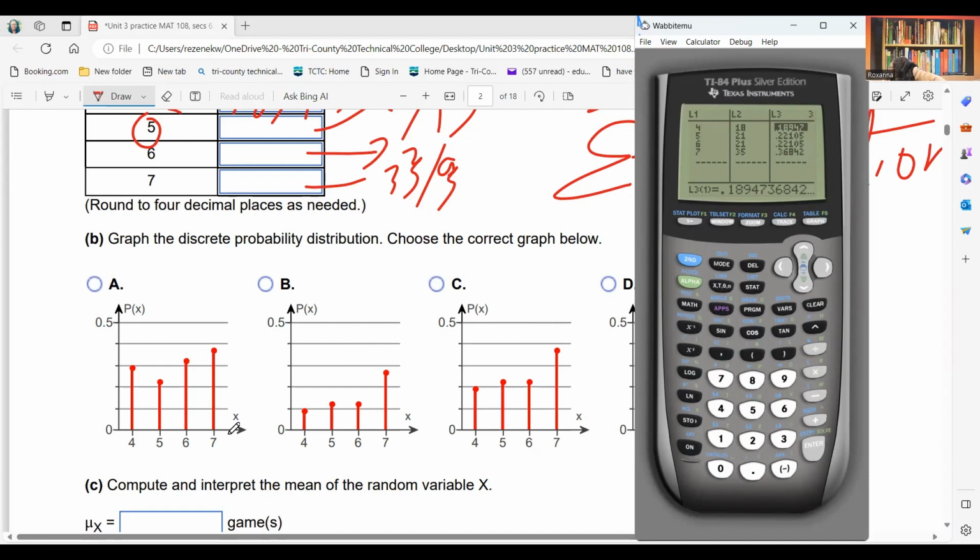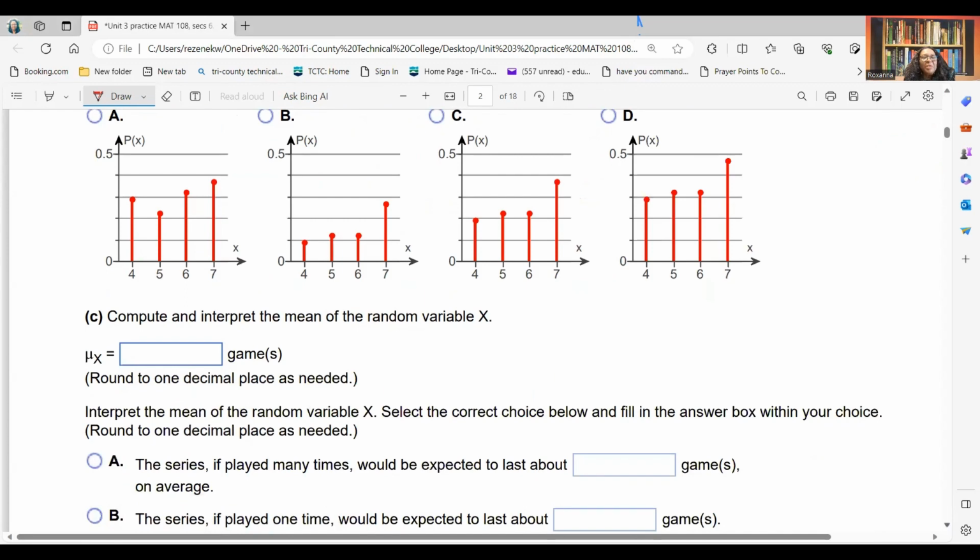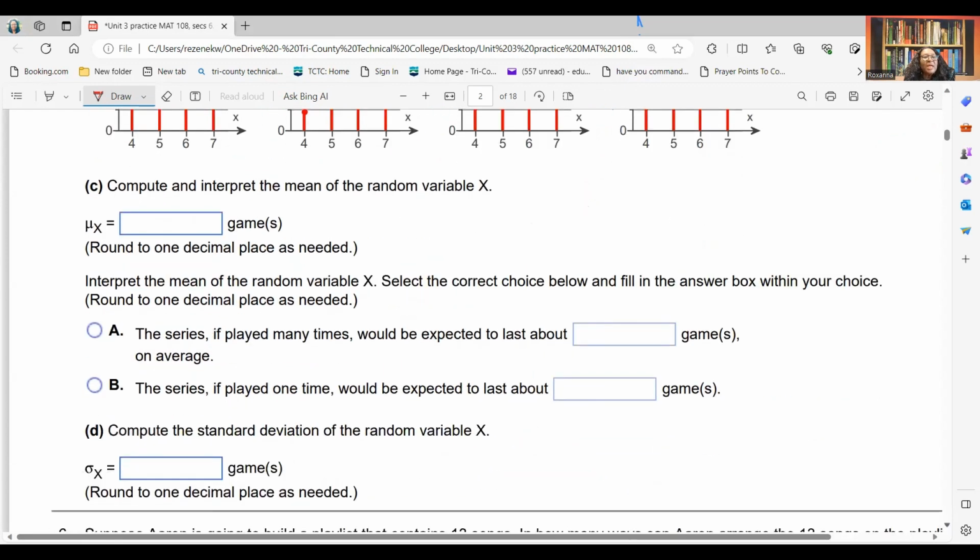Let me see, what other question will you need to know now? Is there any other question you want to know from there? Okay, let's go down and see what the question says. Find the mean, compute and interpret the mean of the random variable x.